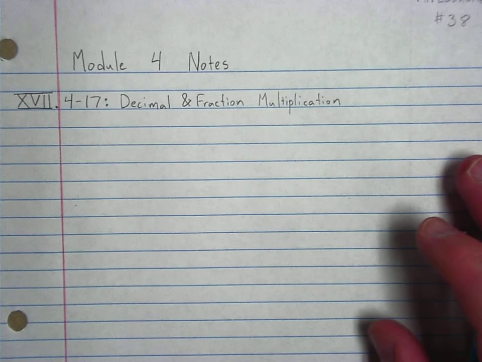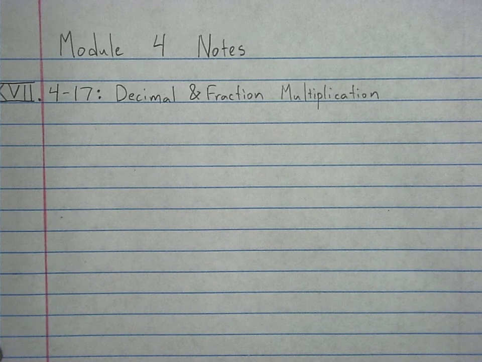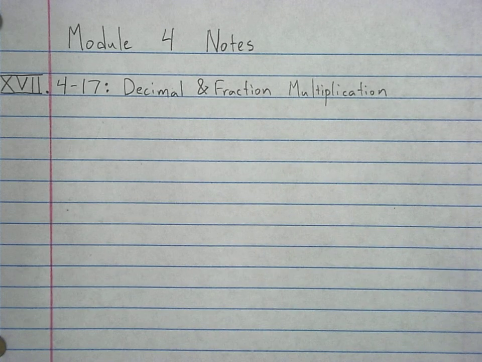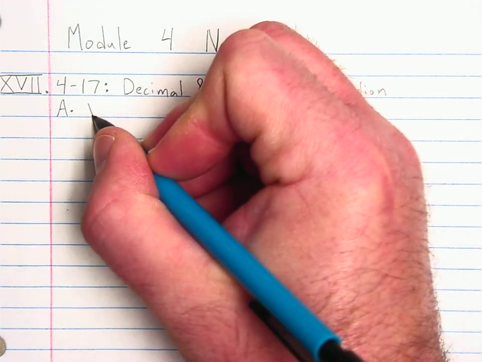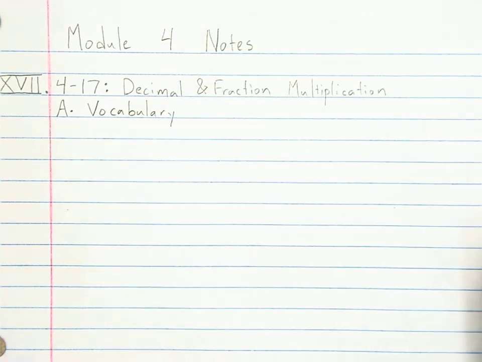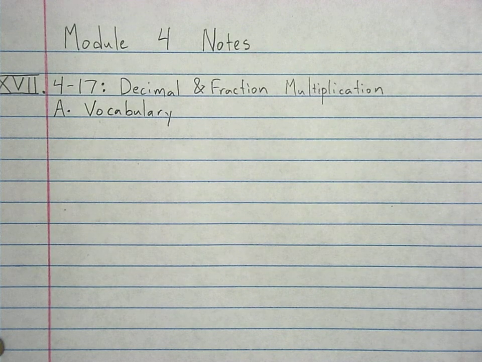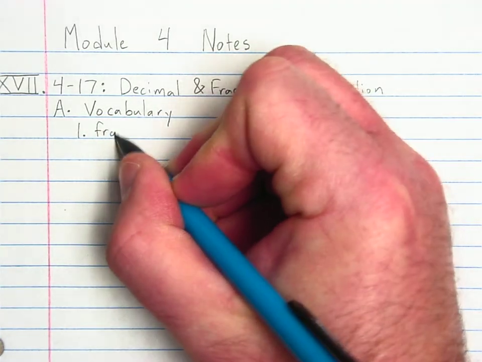Now, we're going to start with some vocabulary, and they're terms that I'm pretty sure you already know the definition to, but we're going to write them down because I want you to see how similar they are, just in case it's been a while. Let's start with what we have been doing for quite a while now. All of this module and the module before, we've been talking about fractions.